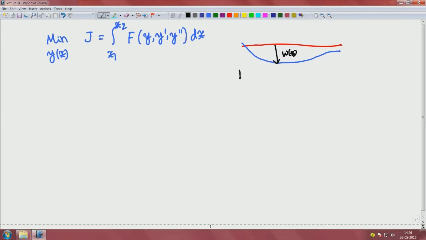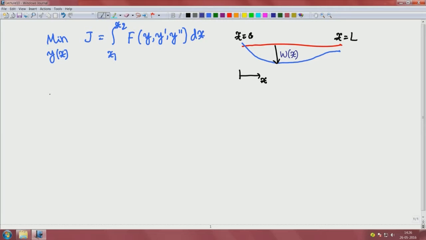If x goes like this, let us say x equal to 0 at this end and x equal to L at this end. We want to find this function w of x. Let me erase it and write it properly. So, this function w of x, that is the unknown.